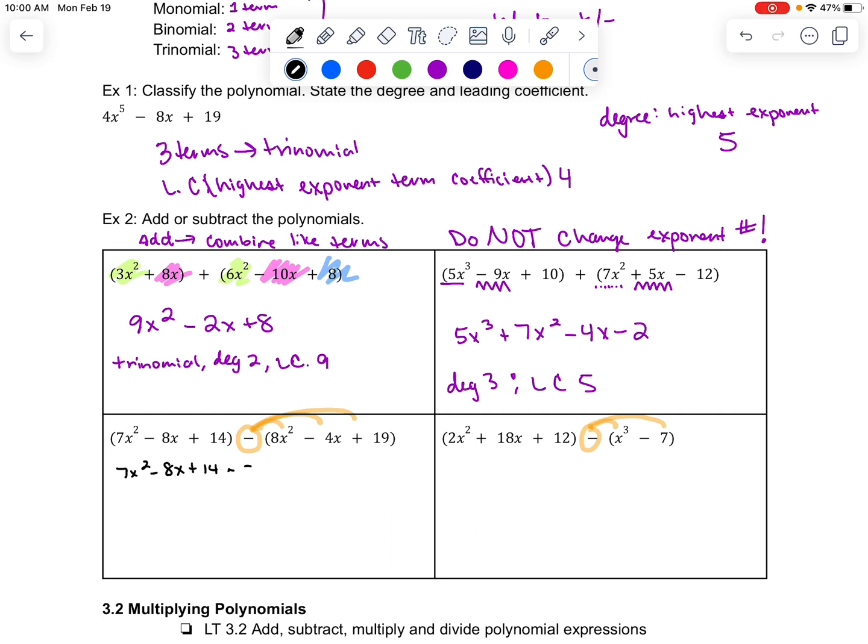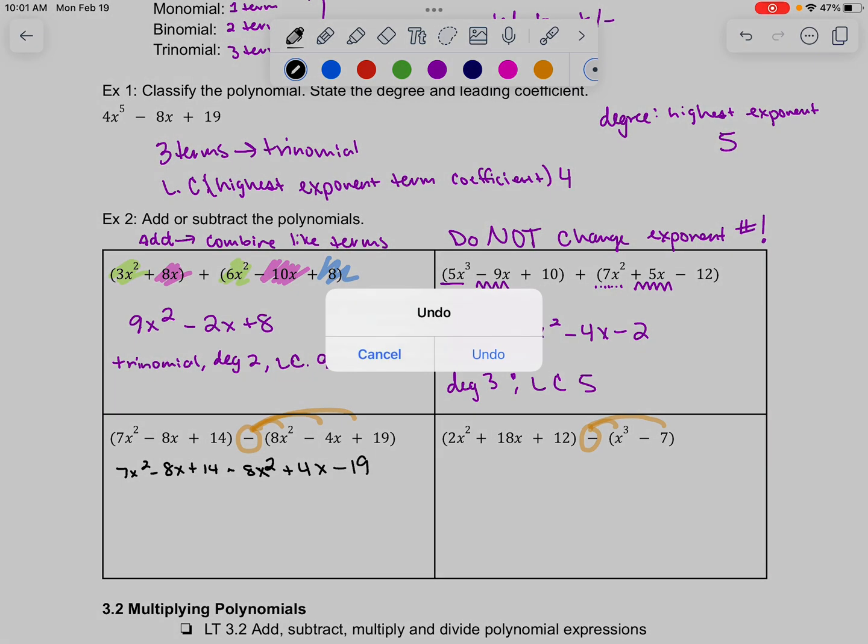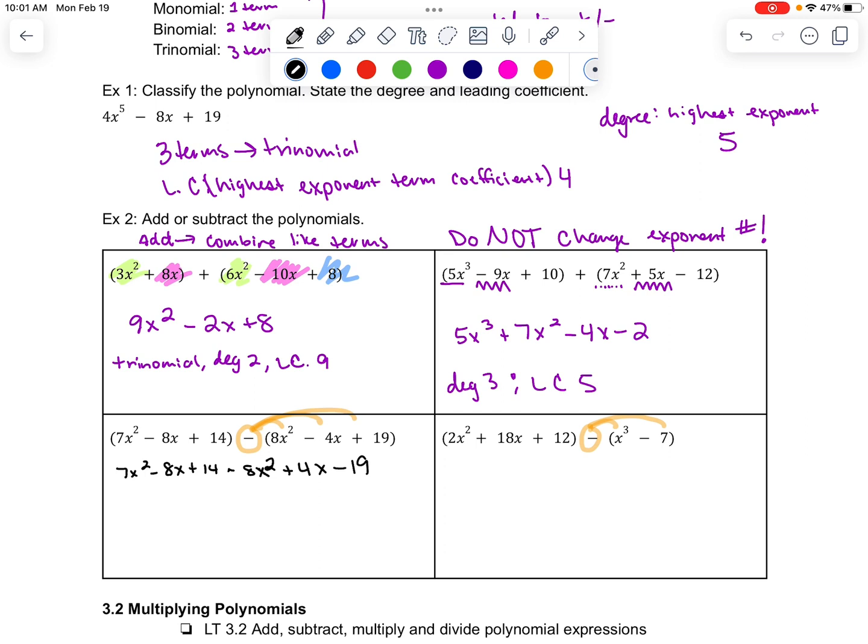So it's now minus 8x squared plus 4x minus 19. So all I did was change the sign in front of those in that second parentheses. Now I do exactly what I did with the adding part. Now I just combine my like terms.